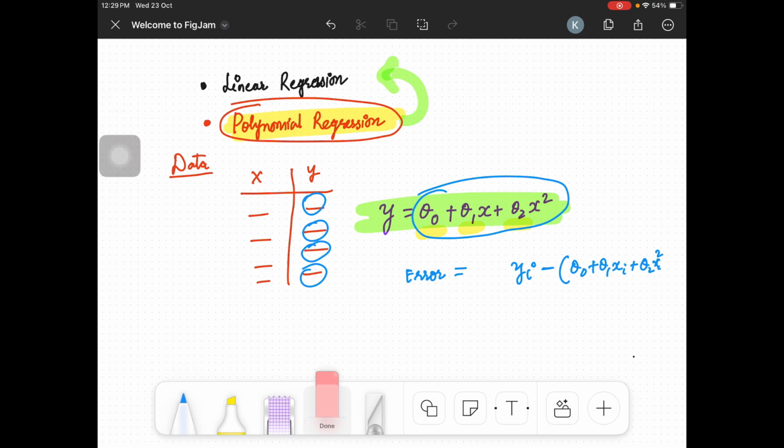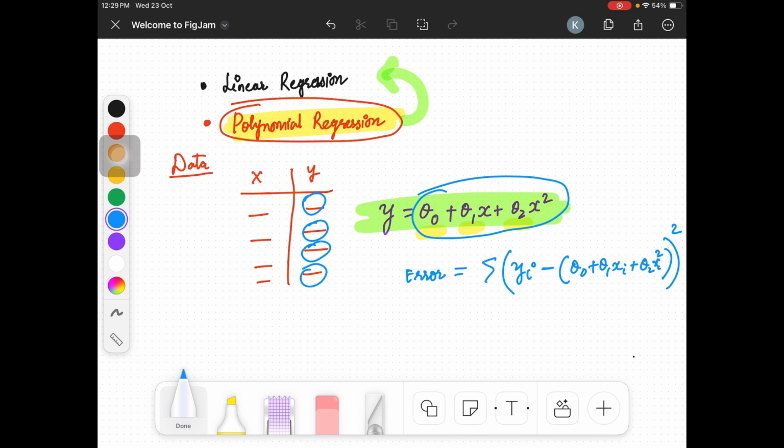This is the error for one instance, and I will take the square, because we don't care whether it is a negative or positive error. We want to minimize the error, so we'll sum it over all the instances. Let us say there are total n instances. And for making the mathematics simple, we divide by 2.